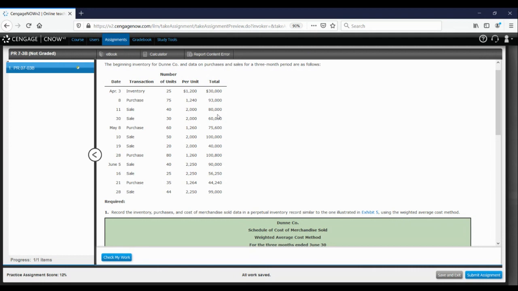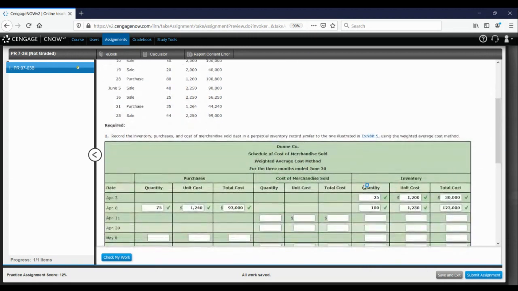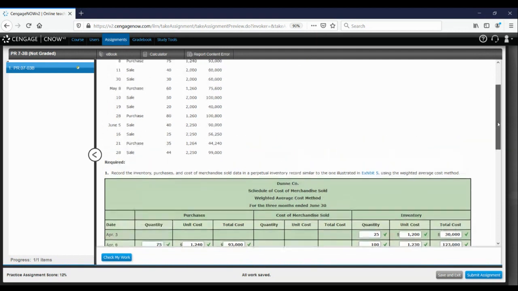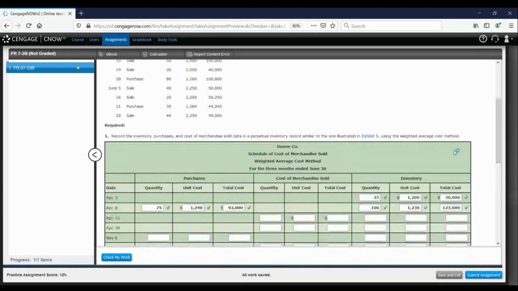In addition to this journal entry, we need to show a separate journal entry which will update the cost of merchandise sold and the merchandise inventory account. So we will debit our cost of merchandise sold, but we don't know what the cost of the merchandise sold is until we complete this card. So what we do about the sales transaction is that we sold 40 units on April the 11th.